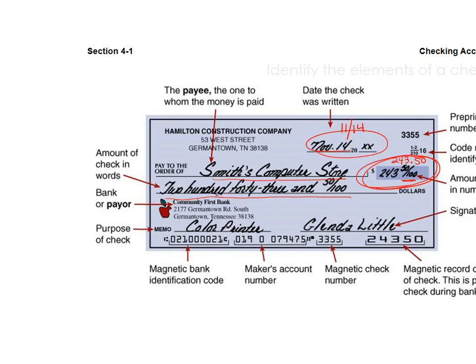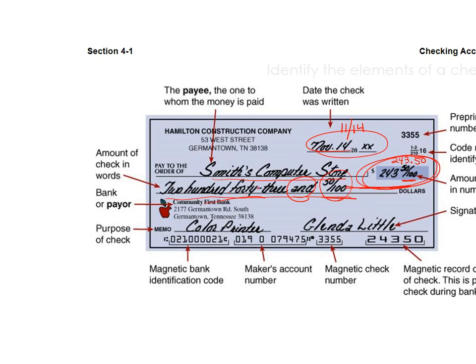You should never put the 'and' until, the 'and' is what's going to separate your dollars from your cents. So it's just 243, not 243. So 243 and, which tells me now I'm going to put my cents here, and this I do write like that out of 100. And oftentimes people will put a little line going to the end of this because they don't want anyone to be able to write anything additional in here.